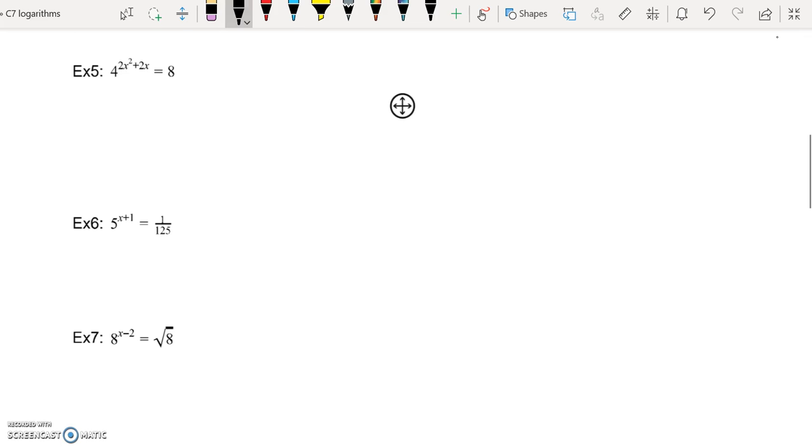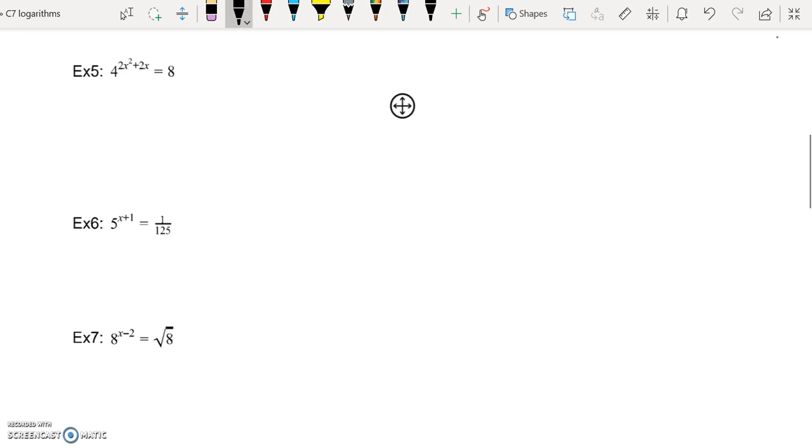Equations get more complicated as we go on, so we need to just be able to work with that. When we get 4 to the 2x squared plus 2x equals 8, we have to recognize that 8 isn't 4 to an easy power. So instead of changing 8 into 4 to some power, we're going to change both sides.